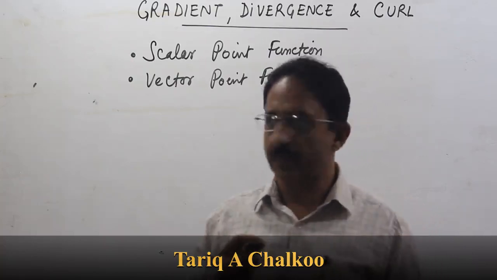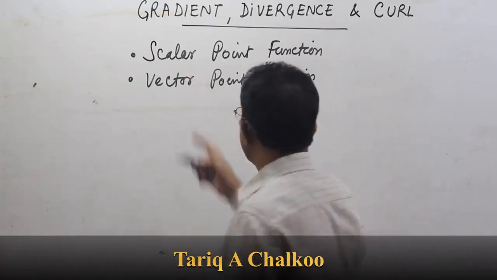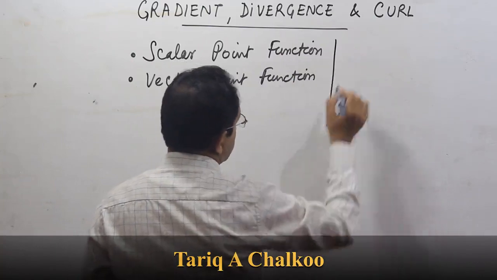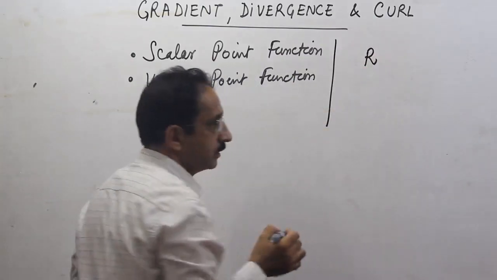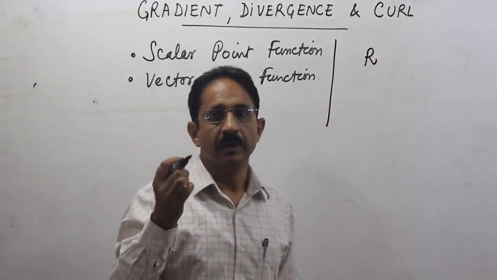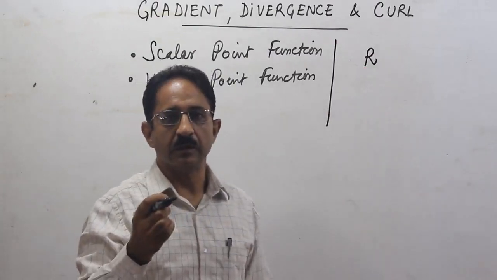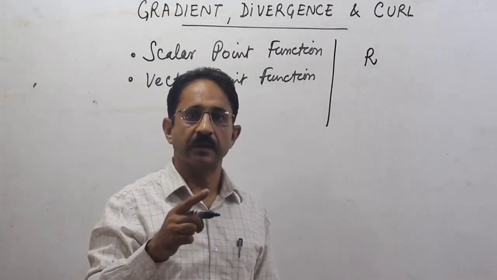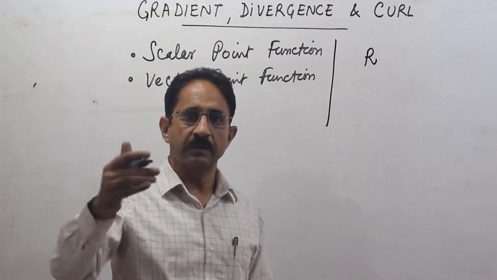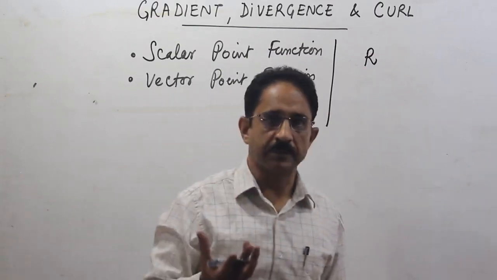So a scalar point function would be that if at every point in a region R of space a scalar quantity exists, and exists uniquely, and it can change from point to point.